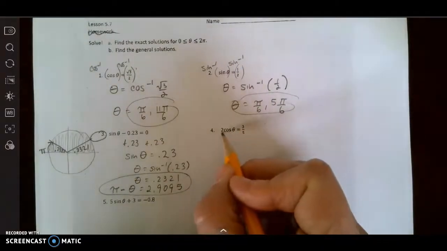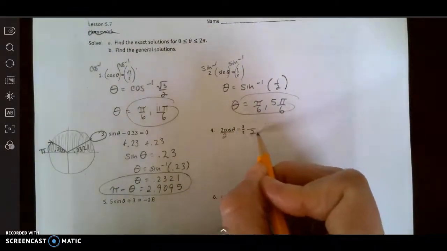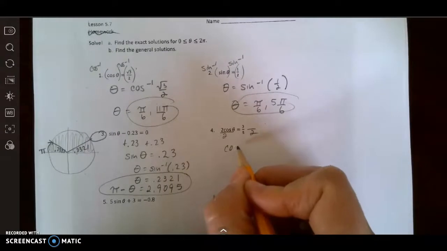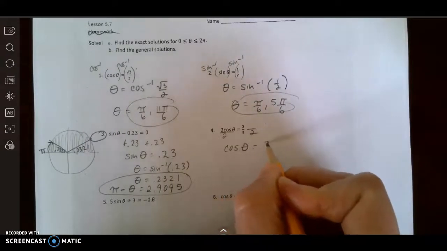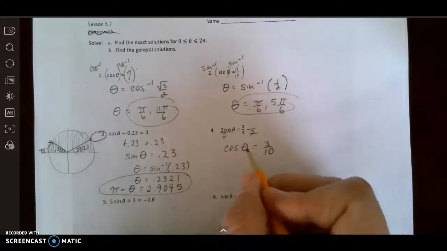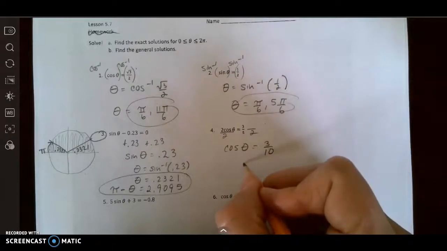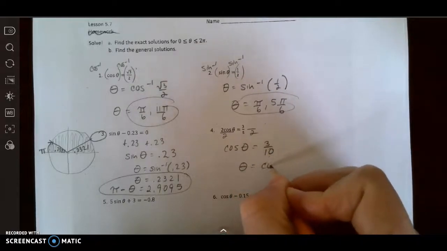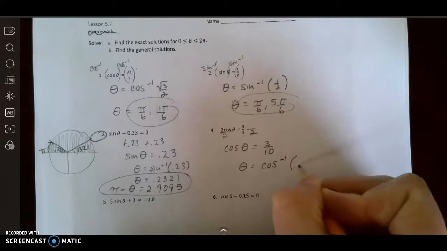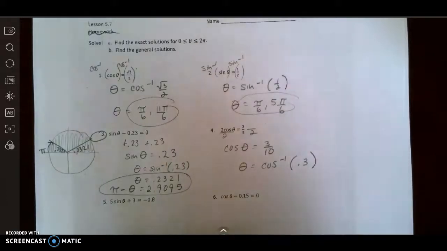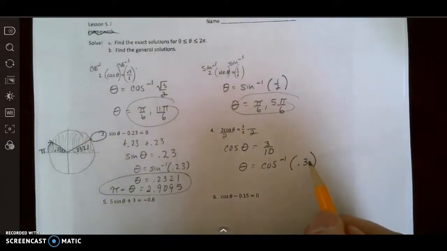Okay, let's go to number 4. I need to divide by 2. So I get that the cosine of theta equals 3/10. Take the inverse of each side. Inverse cosine of 3/10. I'm actually going to write it as a decimal like that. I know that's not on the unit circle.